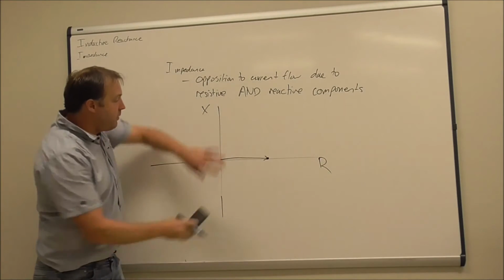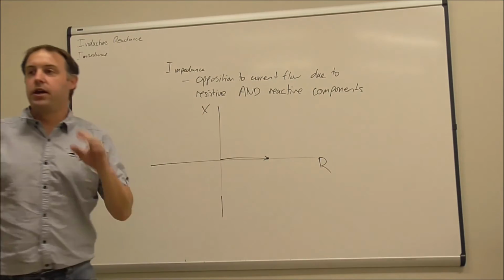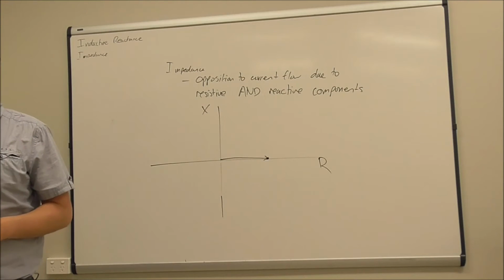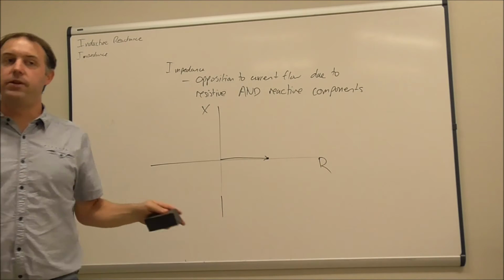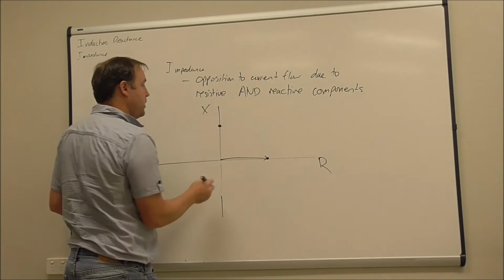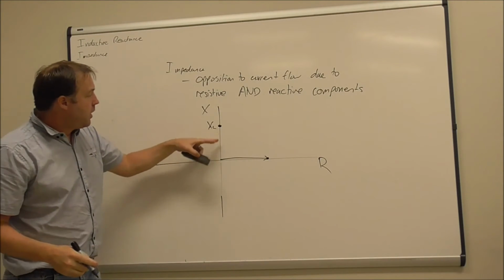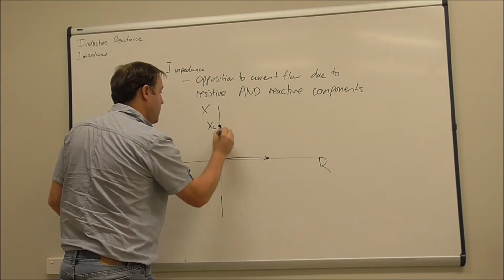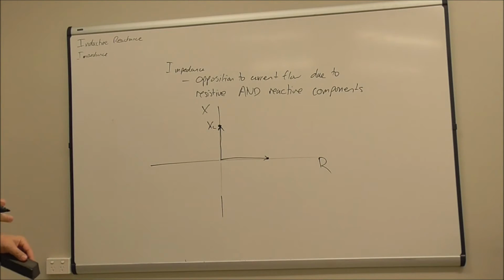Okay, so if I didn't know about reactance, it'd just be a number line. And so the length of this line is my resistance. If I had a purely reactive component, let's say an inductor, a purely reactive inductor, and it had, let's say, 1000 ohms of inductive reactance, it would sit there, positive above, and the length of that line from the origin to that point there would be the reactance of that inductor.